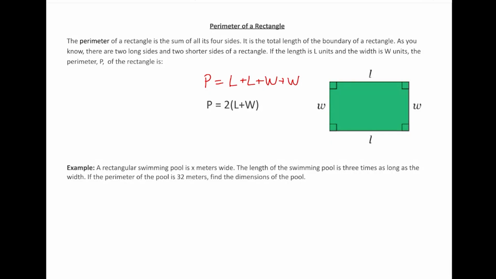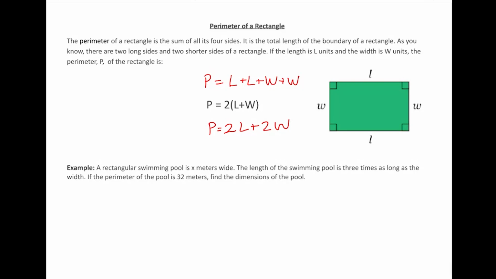Sometimes you'll see it written like that, sometimes like 2L plus 2W, and you might also see it written, as it's stated up there, 2 times the sum of L plus W. All three of those equations are equivalent.